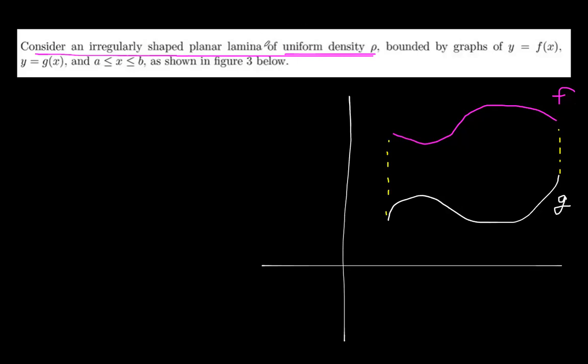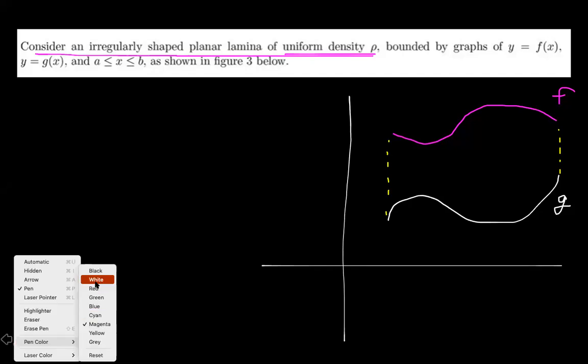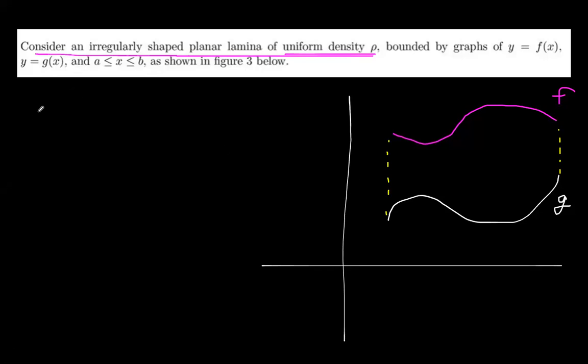Okay, so let's start. For us to identify the formula for the moments, we know that the formula for the moment, let me just change the color. Here we go.